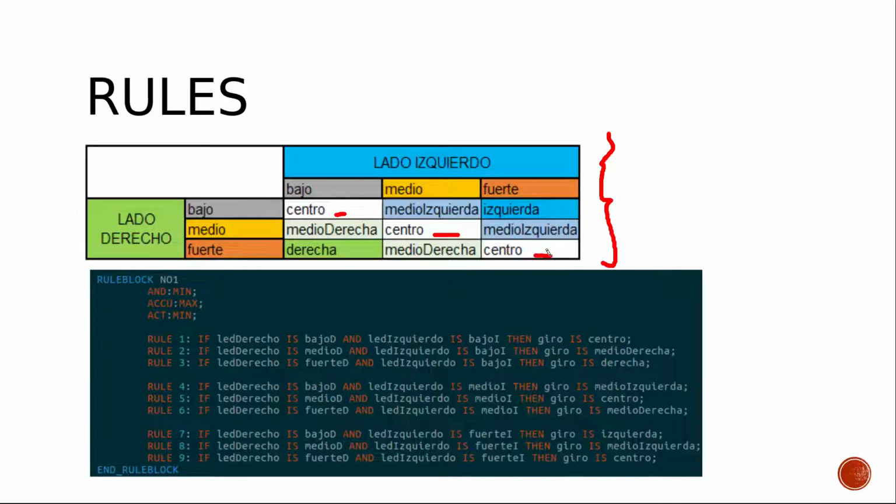For a turn to occur, the intensity of one of the inputs must be greater than the other, giving a partial rotation of 45 degrees if the other input is not completely exceeded, or a total rotation of 90 degrees if it completely overcomes the other input.